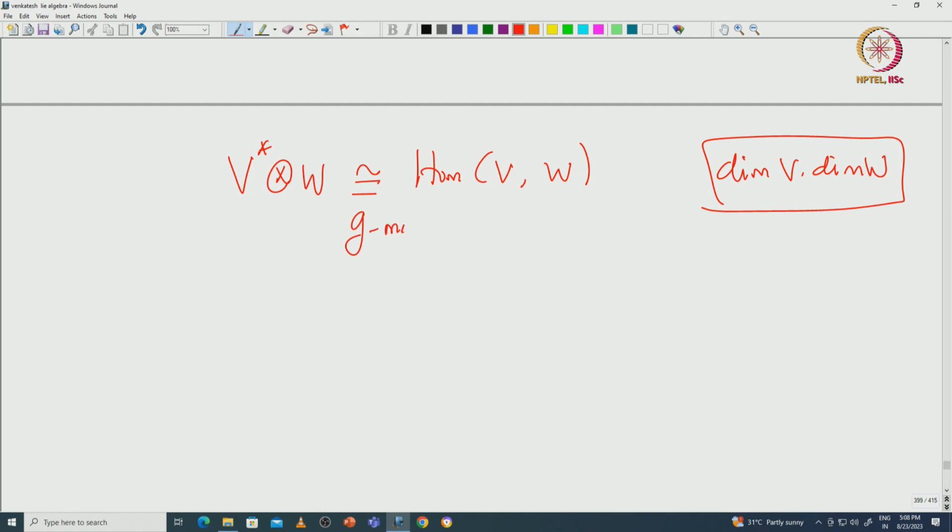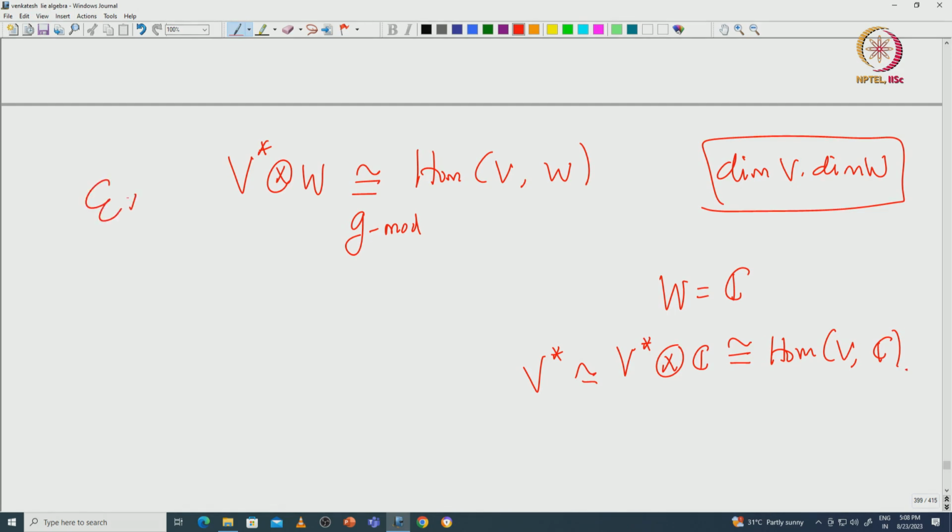For example, when W is C, you get V star tensor C, which is isomorphic to V star. That is exactly isomorphic to Hom(V, C). This is the way to remember where to put the dual. This is again an exercise, a very interesting exercise.